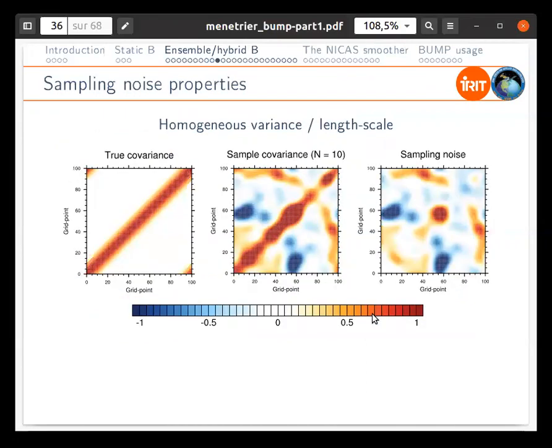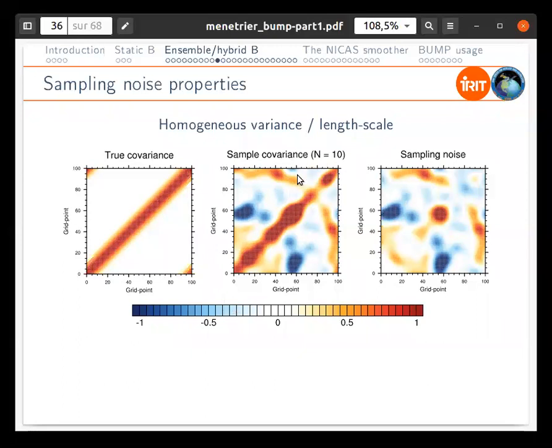Here we have an example for the sampling noise properties. On the left, we have a true covariance that is homogeneous, so it's the same covariance for all points. The sample covariance is in the middle with 10 members.